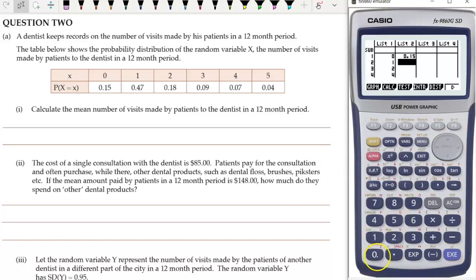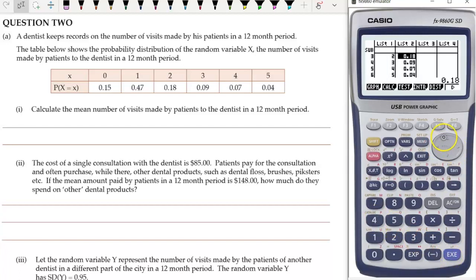So 0.15, 0.47, 0.18, 0.09, 0.02, 0.04. And I can see I must have made a mistake because I've got a few too many in column 2. I've missed the 3. So that should have been 3, then 4, then 5.